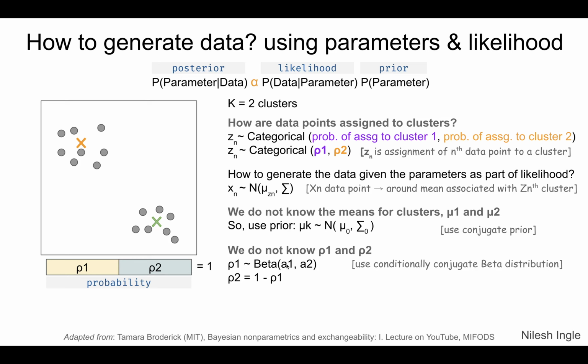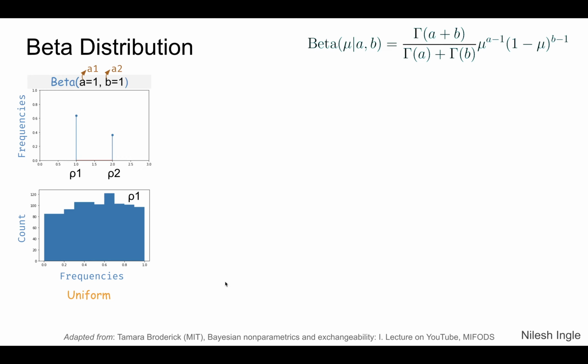So to the beta distribution, we would input A1 and A2 parameters to get the values for the probability row 1, and then row 2 we can calculate by subtracting row 1 from 1, and the total of these would be 1, and the reason why we just have row 1 and row 2 and not row 3 is because we just have two clusters.